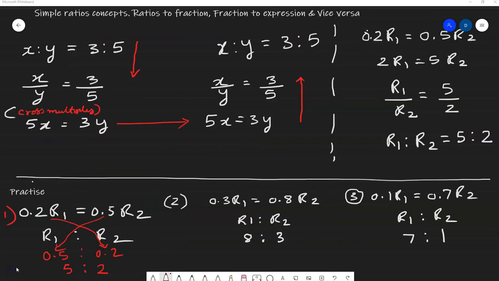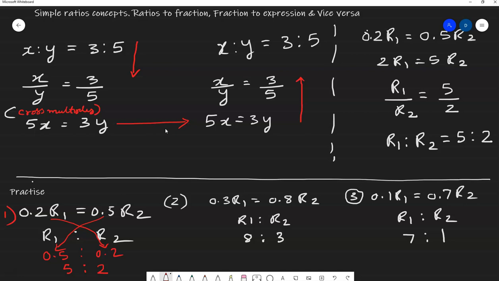I'm going to show you some of the simple ratio concepts which you have studied at high school level, and how you can use them to solve some simple electrical problems as well. Now in high school, you have been told how to convert a ratio to a fraction, and a fraction to an expression and vice versa.